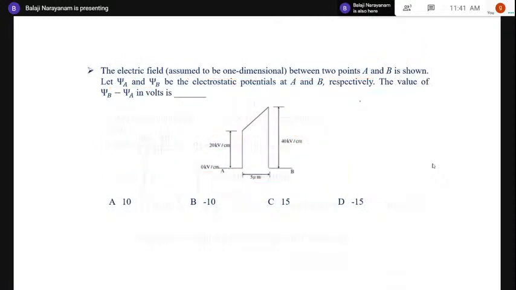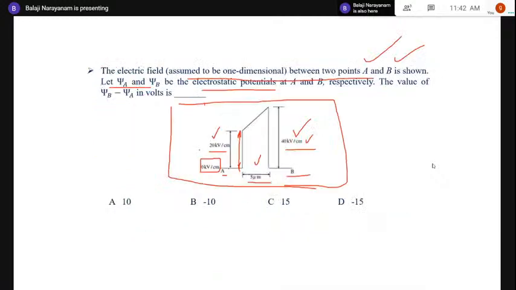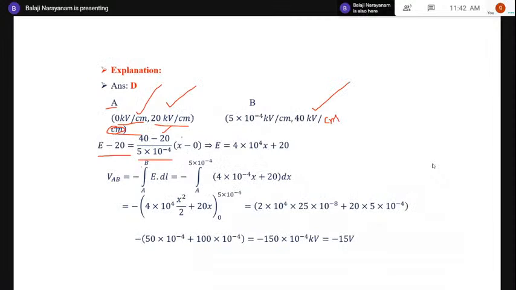Now what is to be done is E equals 40 minus 20 divided by 5 into 10 power minus 6, micrometer, and x minus 0. As a result, we may find E as 4 into 10 power 4 x plus 20.